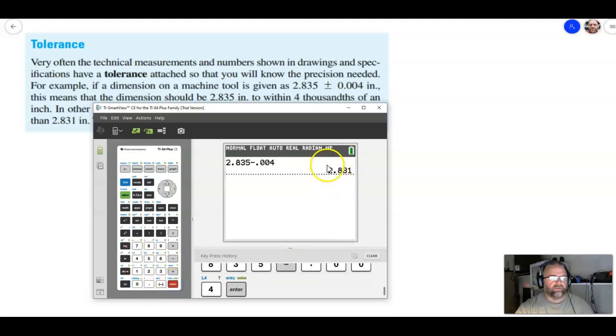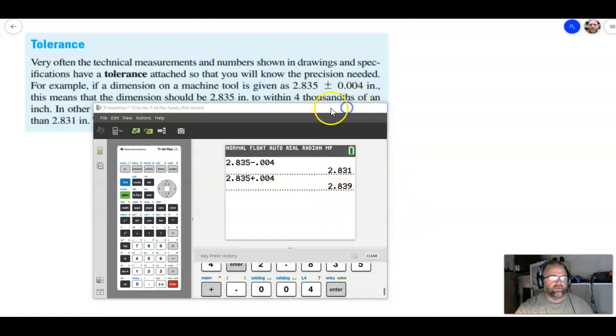So the lowest value it could be is 2.831, and then for the highest value, we're going to take that 2.835 and add that 0.004. And you can put 0 in front of that decimal place if you want to. It works just as well either way. So the highest dimension it could be would be 2.839.